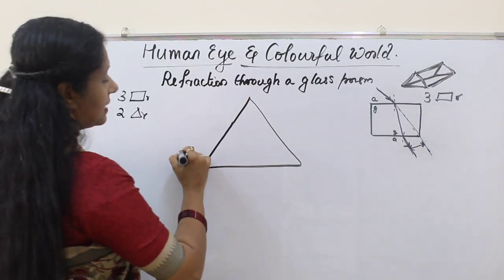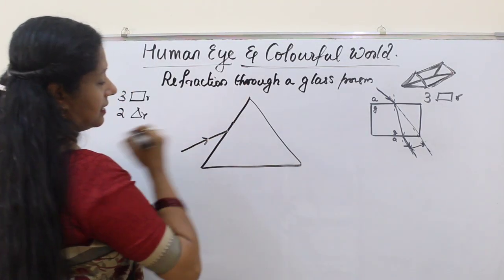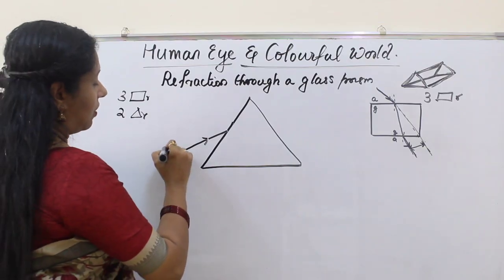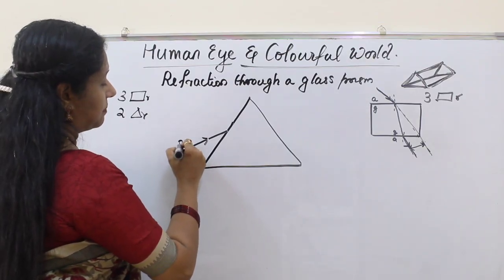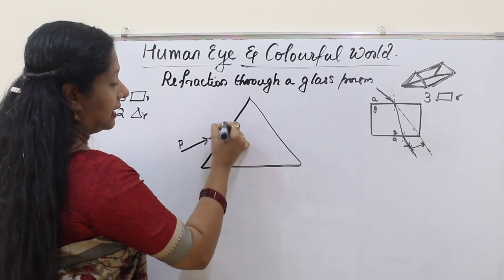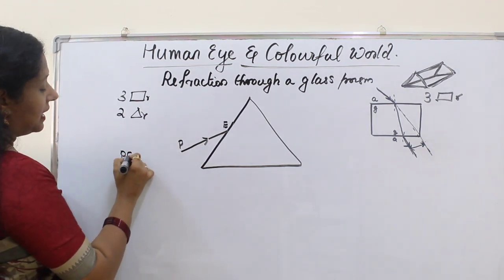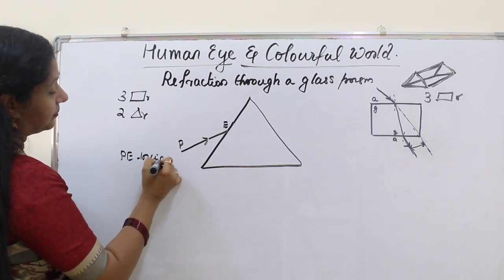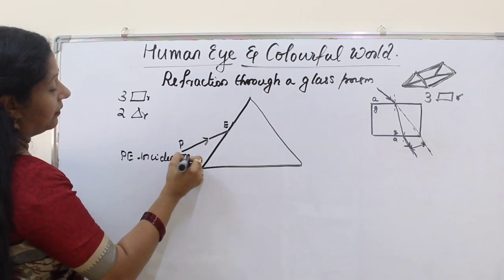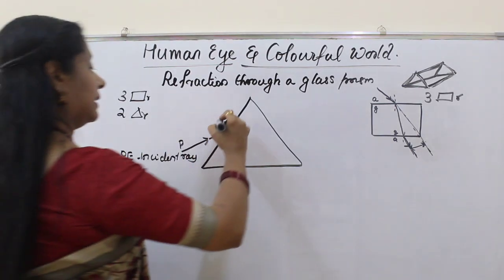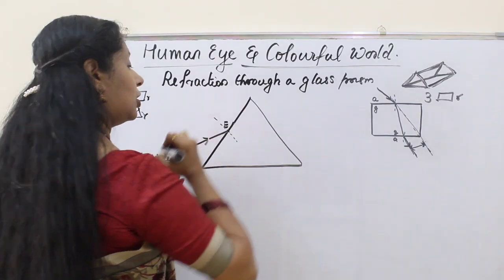Now, if there is a ray obliquely falling on this, what can we call it? Suppose I name this point P and this point E. I am using the alphabets in the textbook. So PE is the incident ray, or the ray of incidence. Here there is a normal.